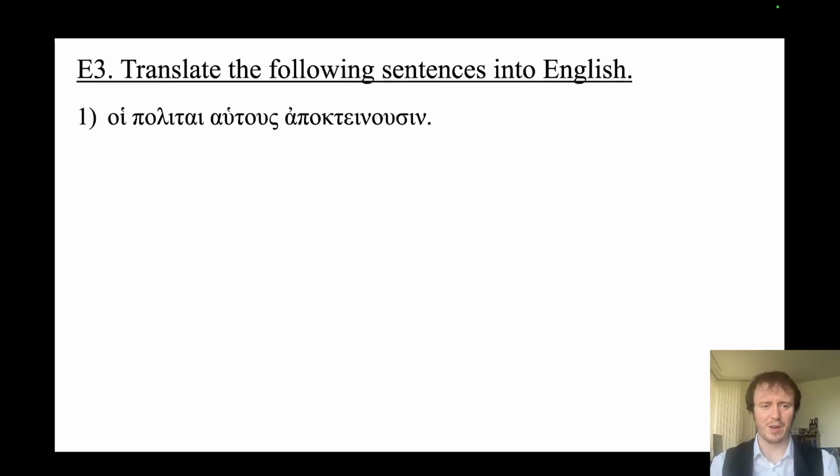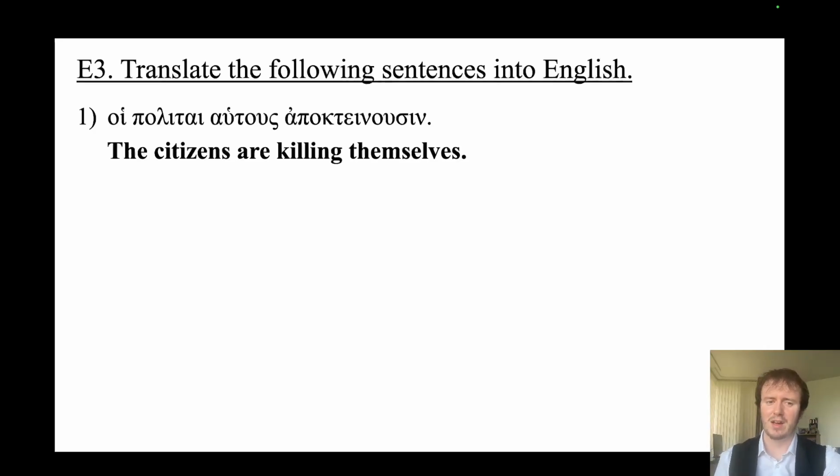Okay, let's now go through the answers. Number 1 is hoi politai ἑαυτους αποκτeinousin. This means the citizens are killing themselves. We know it's themselves because we have ἑαυτους with this rough breathing, and so this is reflexive, referring back to the subject, namely the citizens.